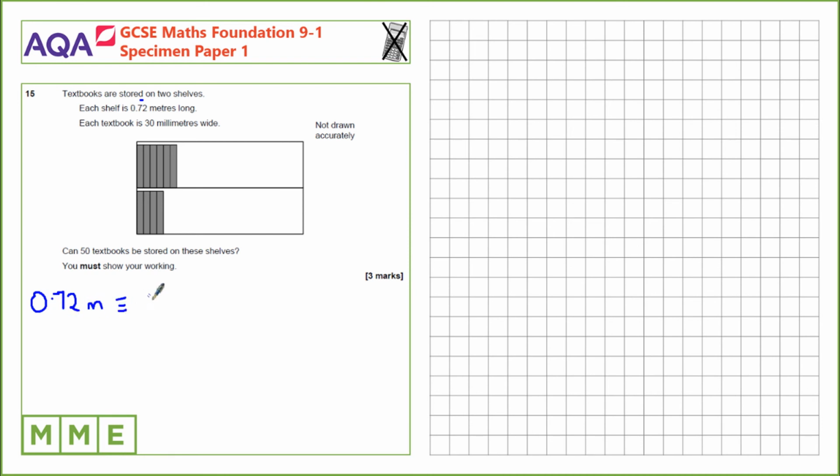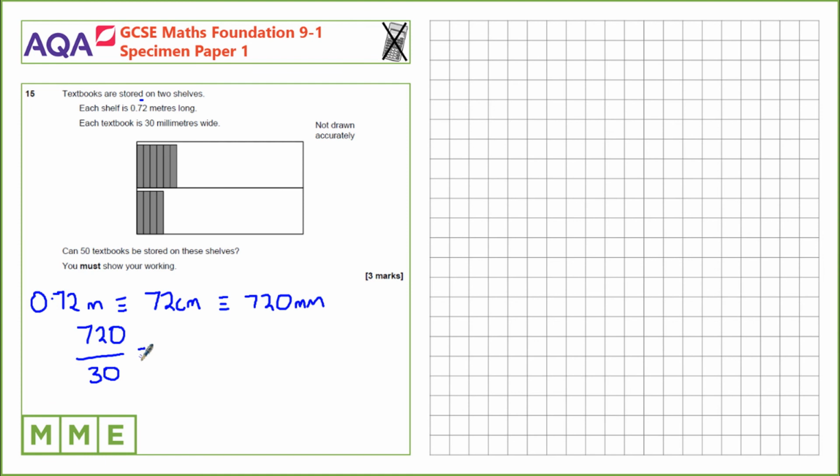So we know 0.72 meters is the same as 72 centimeters. All we have to do is multiply by 100 to get that, which is equivalent to 720 millimeters, since there are 10 millimeters in a centimeter. Next, we take 720 millimeters and divide it by the size of a textbook.